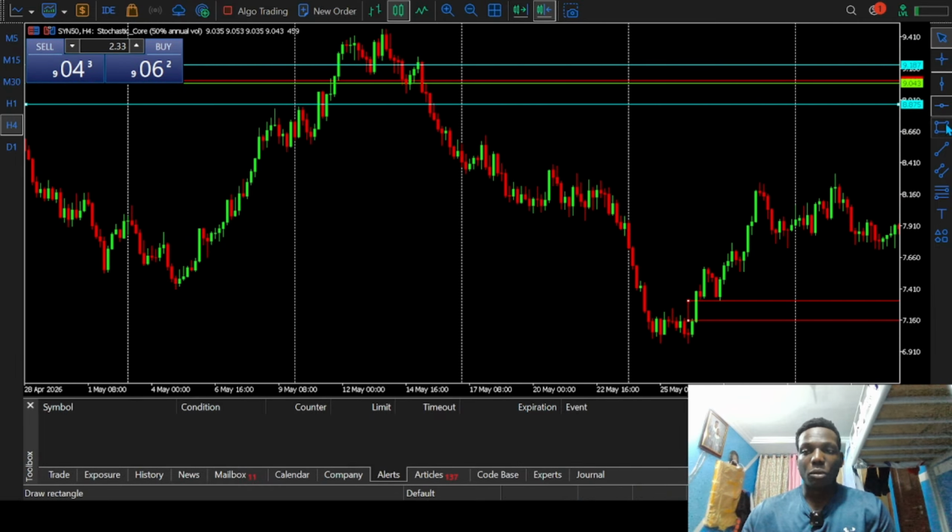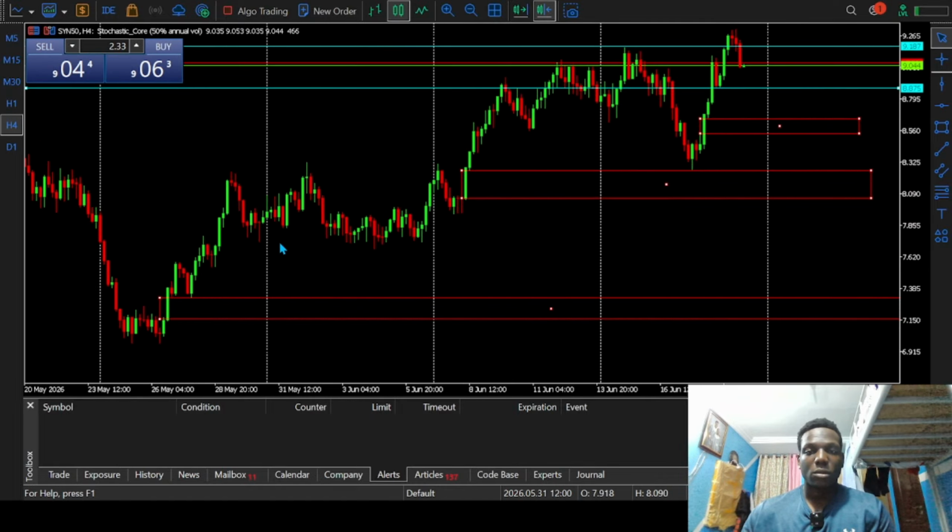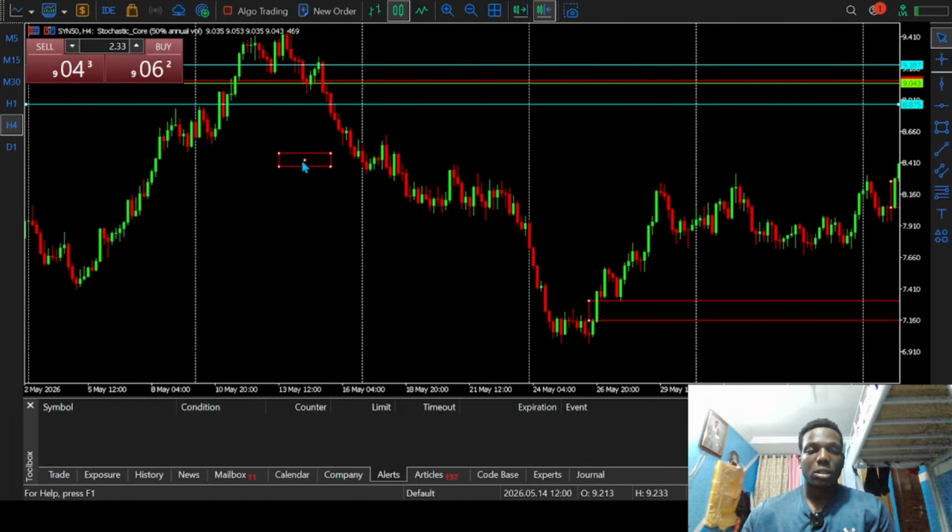I don't know how I'm going to point this out to you guys. Let's see if I can point it out. Bro, TradingView would have been better for this. For real, hands down.